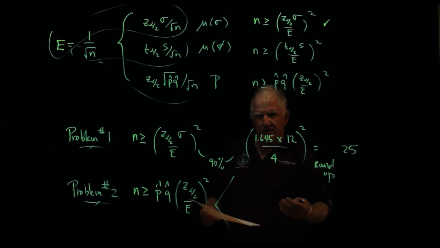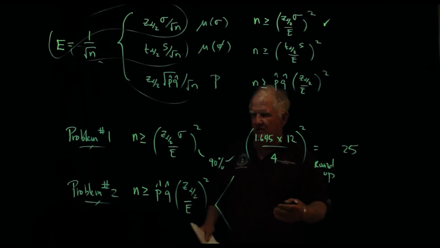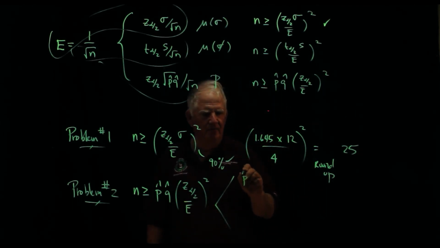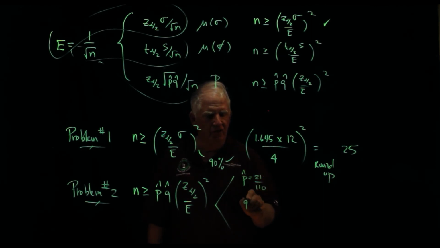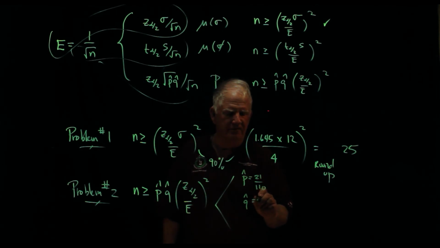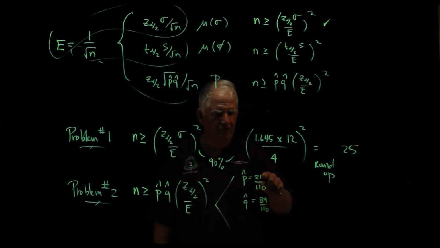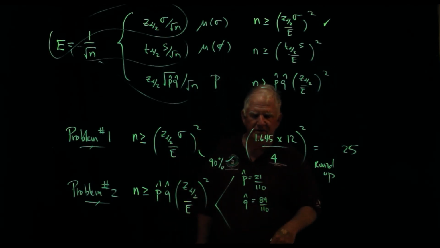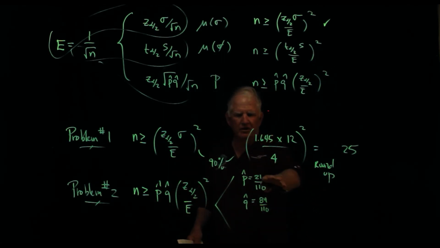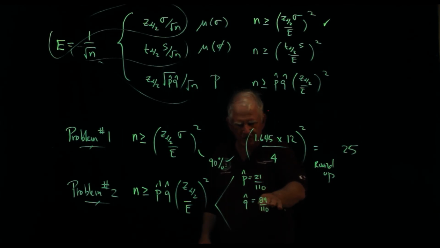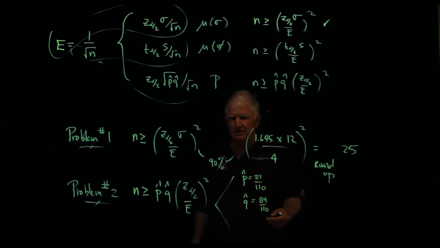We're taking 110 students, 21 of them report having been drunk. P hat is equal to 21 all over 110. Q hat then immediately is the complement of this number, 89 all over 110. 21 plus 89 will be 110. And if I worked out the percentage here, it'd be something like 17%. This would be something like 83% then.